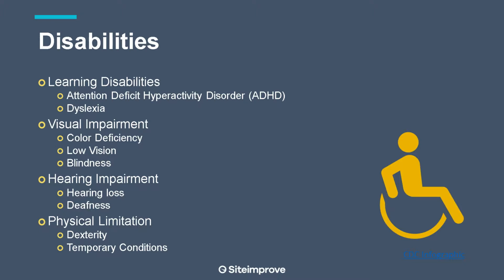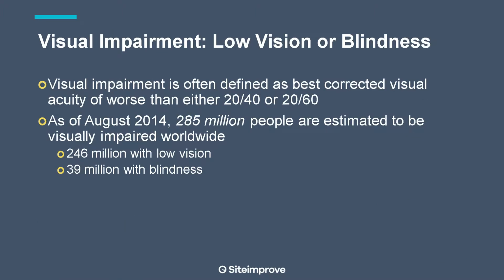So there are people who have learning disabilities, people who have ADHD, people who have hearing impairments. There are people who have motor impairments that can't use their hands like they'd like to. All of these people benefit from accessibility. They're the various types of disabilities that we think about when we think about accessibility.